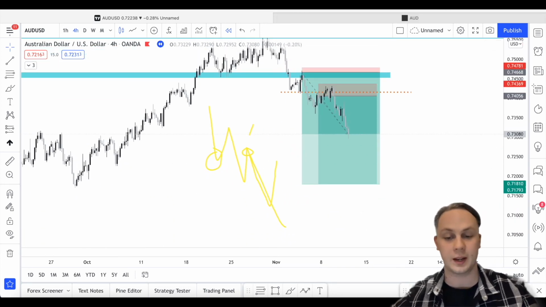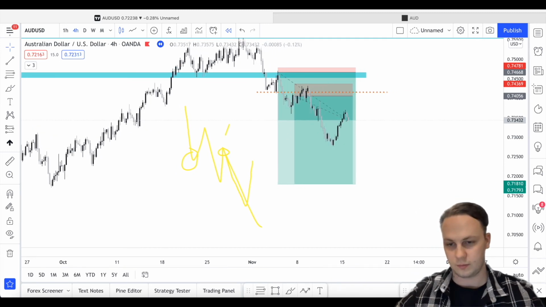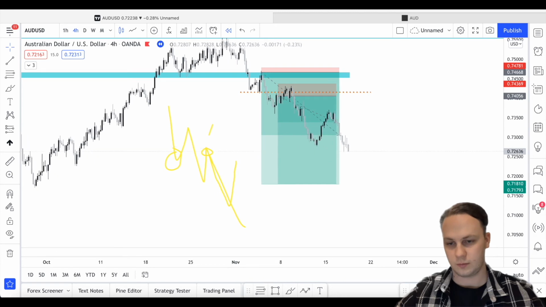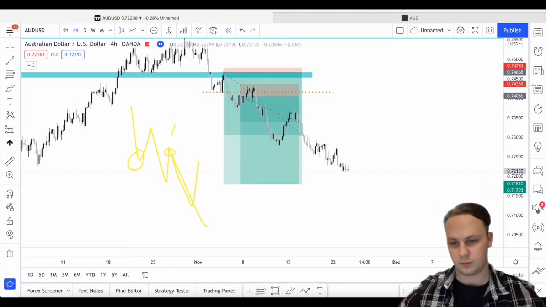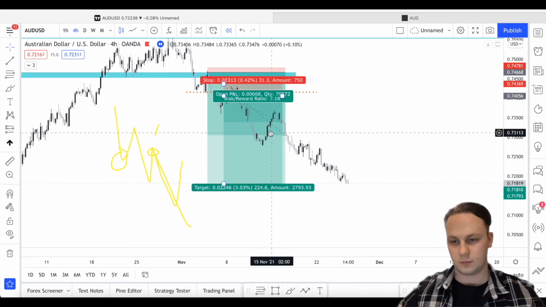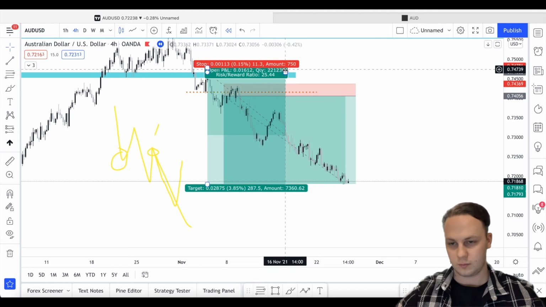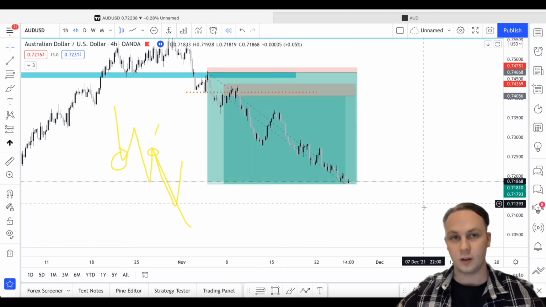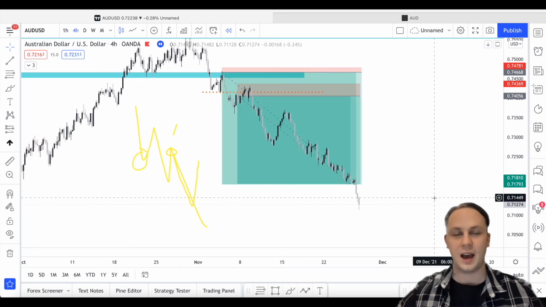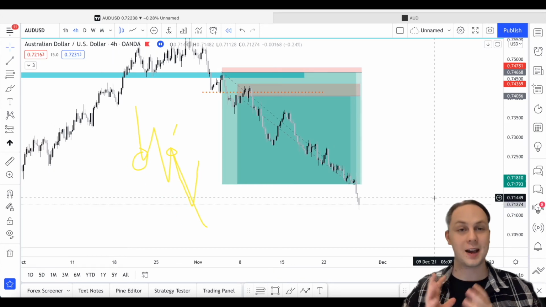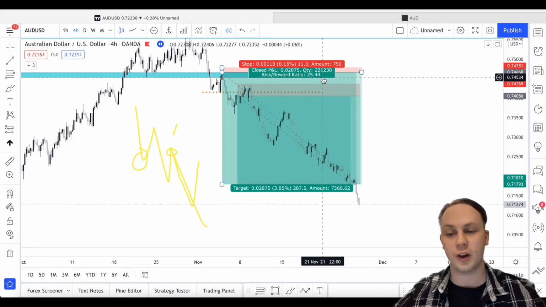Let's see if we can hit our targets. Nearly there. And there we have it, traders. We smashed our target. First trade we entered a nice 1 to 25 risk to reward.